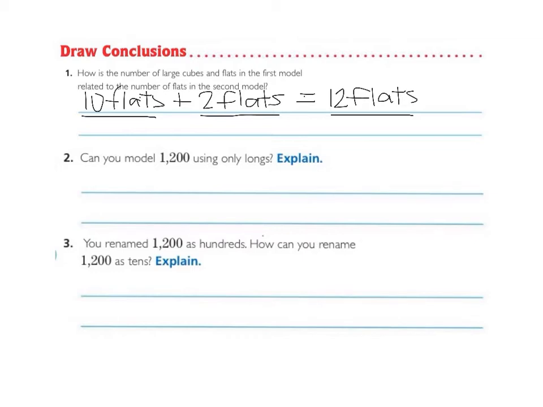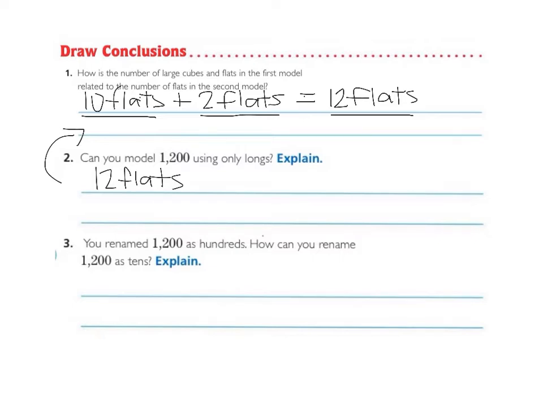All right, question 2 and 3 are on the next page, but let's answer them together. Question 2 says, how could we model 1,200, our same number, but this time we could only use longs? Well, we know that it took 12 flats to model 1,200.